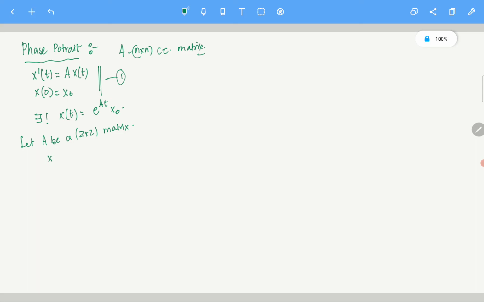It looks like this: x1 prime of t equals a11 x1 of t plus a12 x2 of t. You don't have to write x1 of t, x2 of t, but I'm just writing it for parity. x2 prime of t equals a21 x1 of t plus a22 x2 of t. Clear? So if you break it up, it will look like this. Okay, so this is 2.